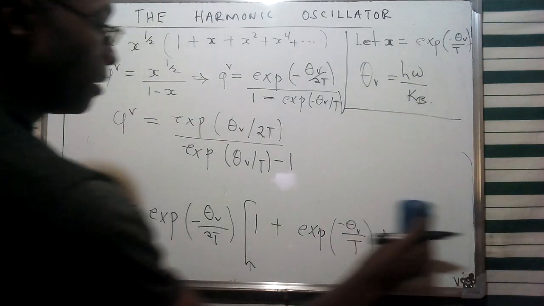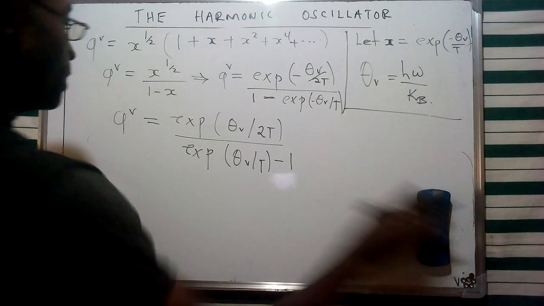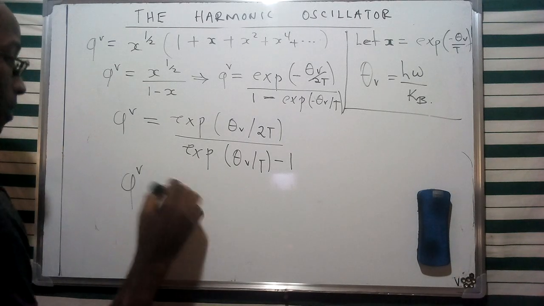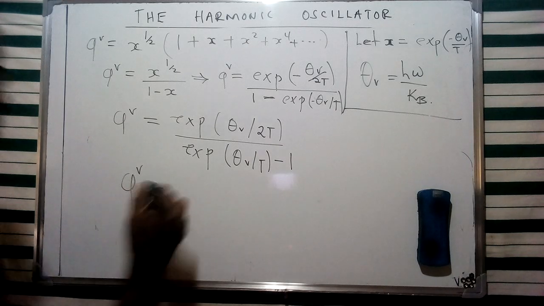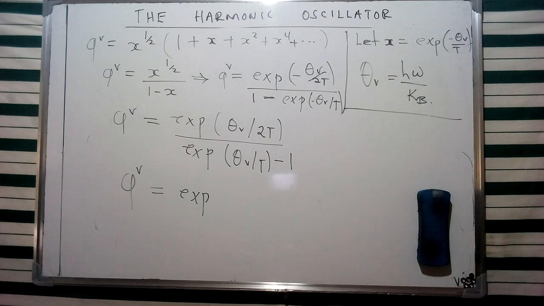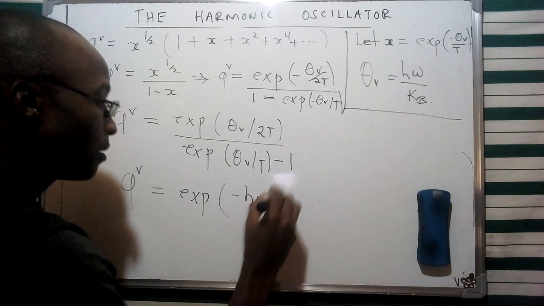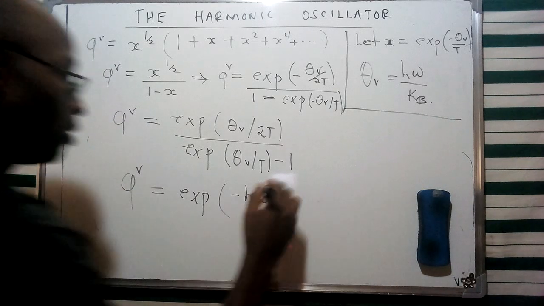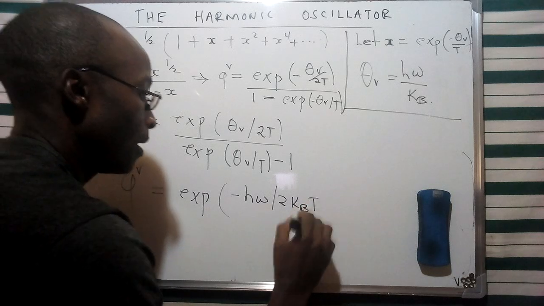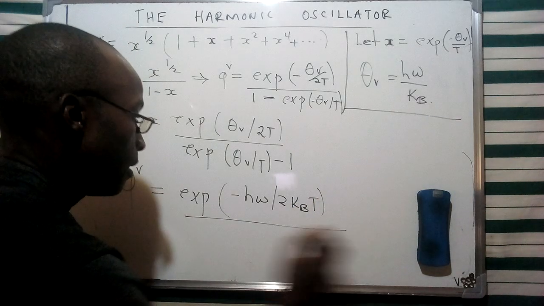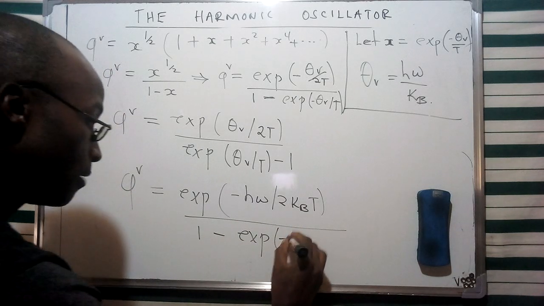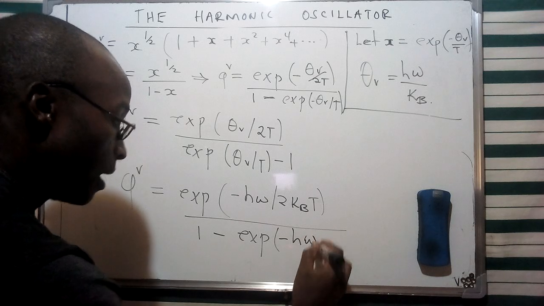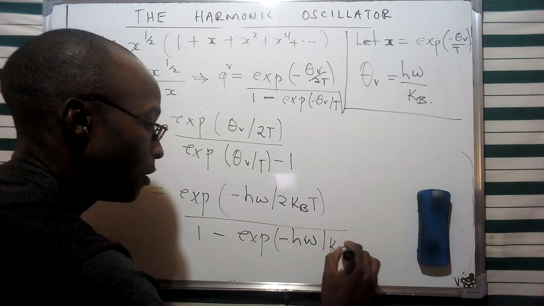Therefore, if I consider the vibrational frequency being given in terms of this specific representation, this is going to be given in terms of the expression whereby we have the exponent of, so I'm going to do a replacement of this using the vibrational frequency factor, and then that's going to be all over 2kBT, and then this is going to be over 1 minus the exponent of negative h omega naught over kBT.